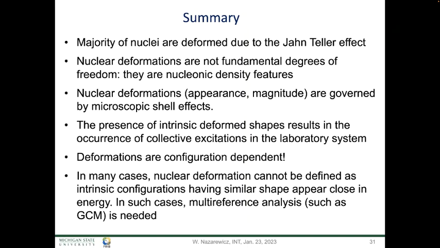So the question is, to what extent in your relativistic heavy-ion collisions, in which you have extremely high energy, you will probe those individual components of the GCM wave functions. I presume that this is what you will actually do. So that's basically it. This is an overview of nuclear deformations. Okay, thank you.